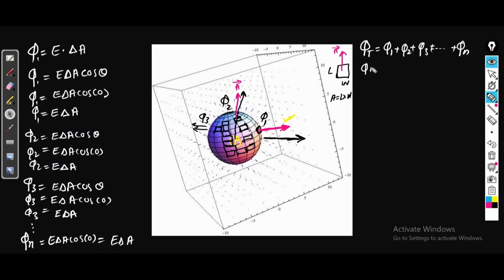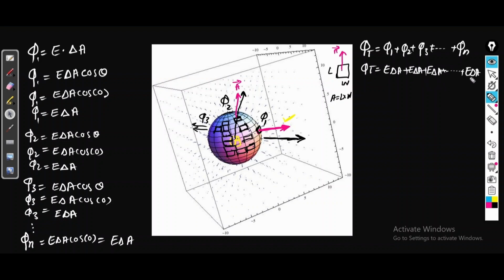So phi total is equal to phi 1, whose value is E del A, plus phi 2, which is E del A, plus phi 3, which is also E del A, plus up to phi n. The value of phi n is also E del A.